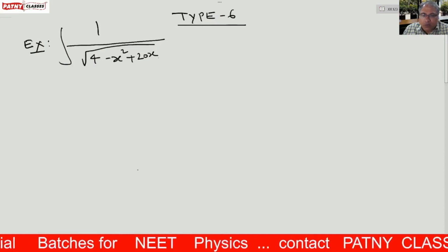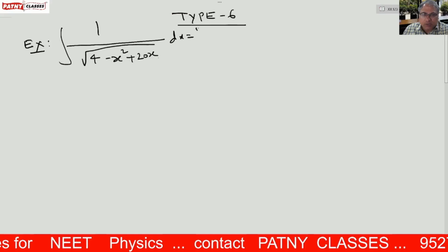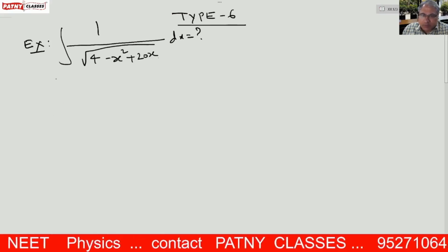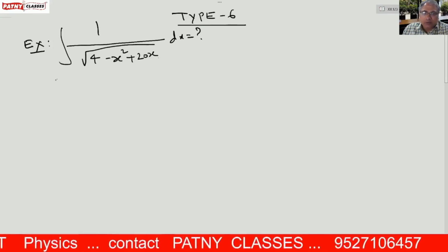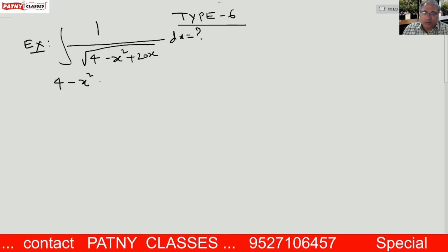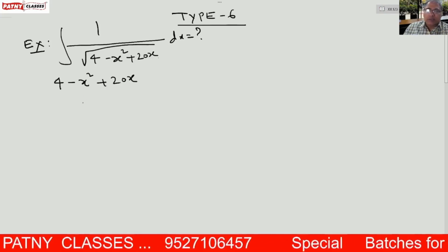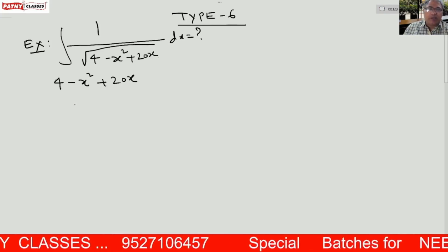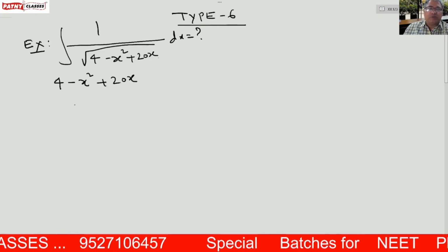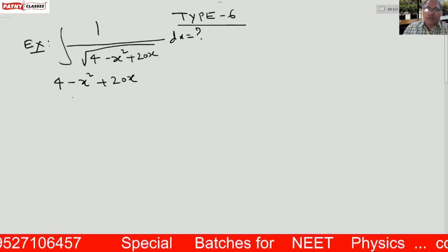Integration of 1 upon under root of 4 minus x square plus 20x with respect to x equals how much? Step number 1: we have 4 minus x square plus 20x. Here x square is negative, therefore you must first make it positive by taking minus common.